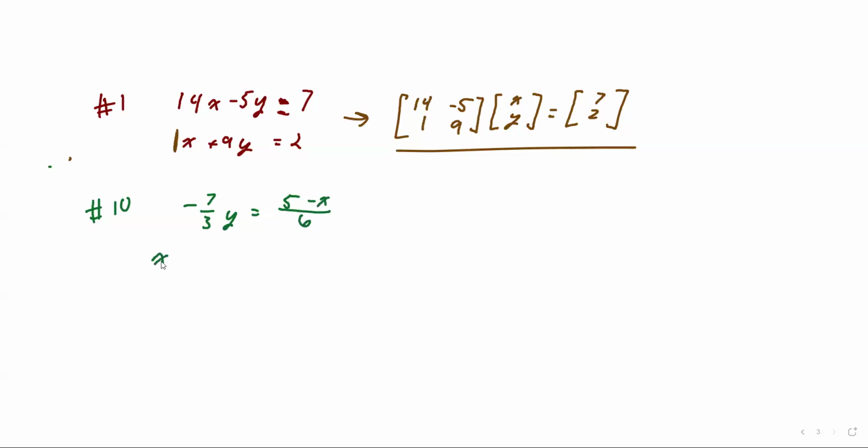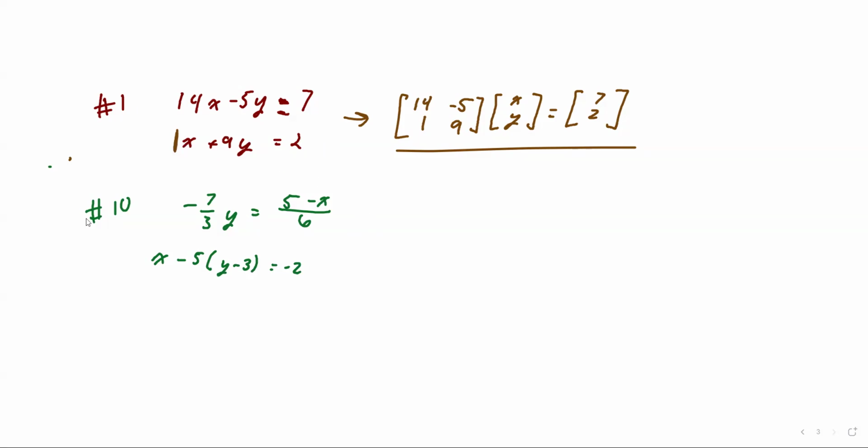And then we have x minus 5 times y minus 3 equals negative 2. So we have to make sure it's in what we call standard form of ax plus by equals e and cx plus dy equals f format.